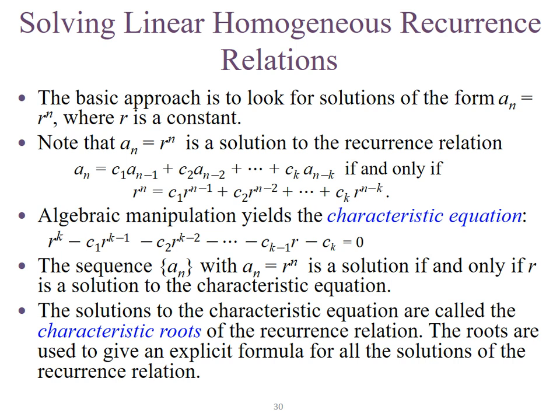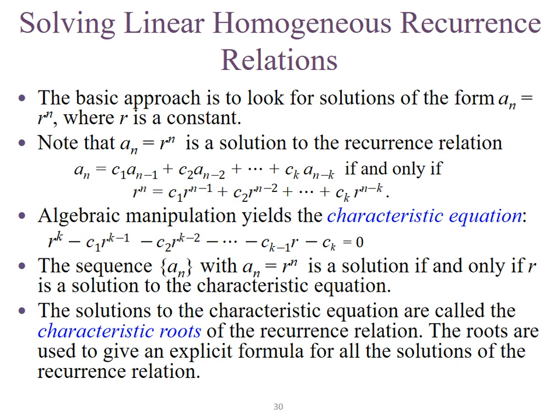For an, we replace with r to the power of n. For an minus 1, we replace with r to the power of n minus 1. Right? So after we replace the original recurrence relation by our solution, we have r to the power of n minus 1 through r to the power of n minus k. So actually we can divide each term by r to the power of n minus k.